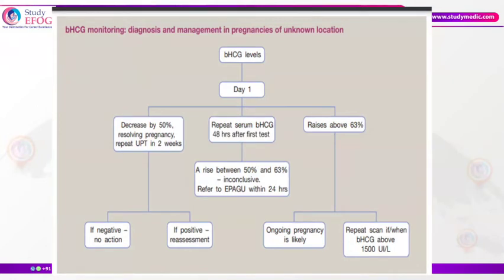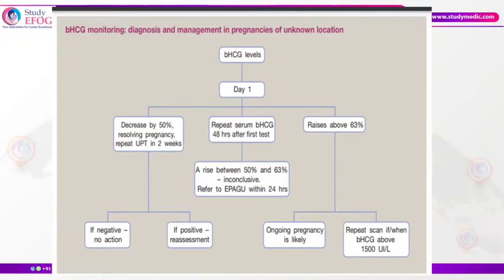If it gives us a negative, we take no action. And if it is positive, then again we do a reassessment. The second option: if we repeat serum beta HCG 48 hours after the first test and the rise is between 50 and 63%, it is inconclusive. We have to refer the woman to the early pregnancy unit within 24 hours.